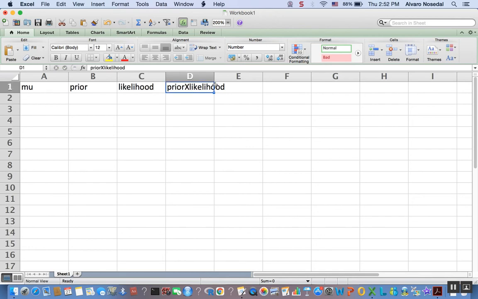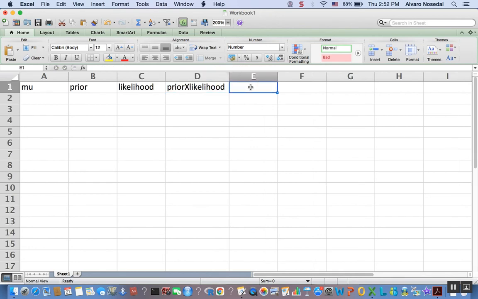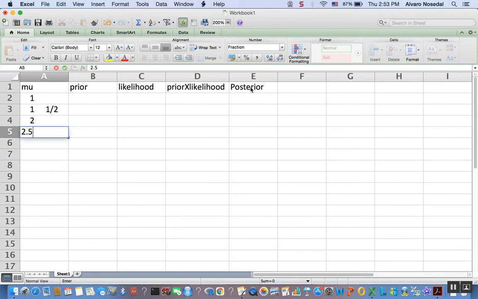And then we will be able to find our posterior. Okay? So here we go. We know that mu has 4 possible values. Mu1 is 1, mu2 is 1.5, mu3 is 2, and mu4 is 2.5. If you will, let's express that as a fraction, 3 divided by 2, right?